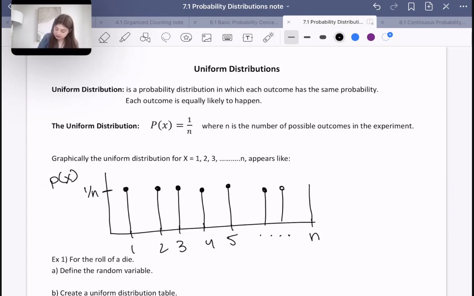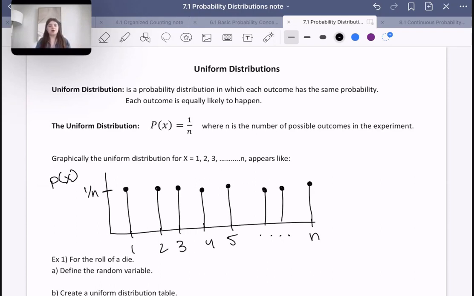One example of a uniform distribution is, what number are we likely to get on a die? In this case, n is 6, and the probability of getting 1, 2, 3, 4, 5, or 6 individually is just 1 over 6, because we're equally likely to get any roll on a die. We're also equally likely to flip heads or tails on a coin. Earlier we did coin examples where we flipped it twice, and that one wasn't uniform.